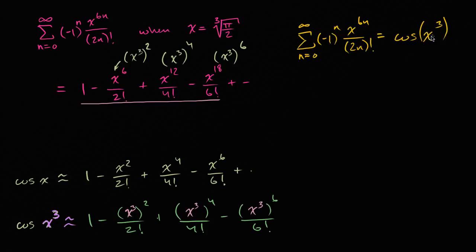And this works out nicely, because if you take the cube of the cube root, good things happen. So the cosine of the cube root of pi over 2 to the 3rd power is just the same thing as cosine of pi over 2, which, of course, is equal to 0. And we are done.